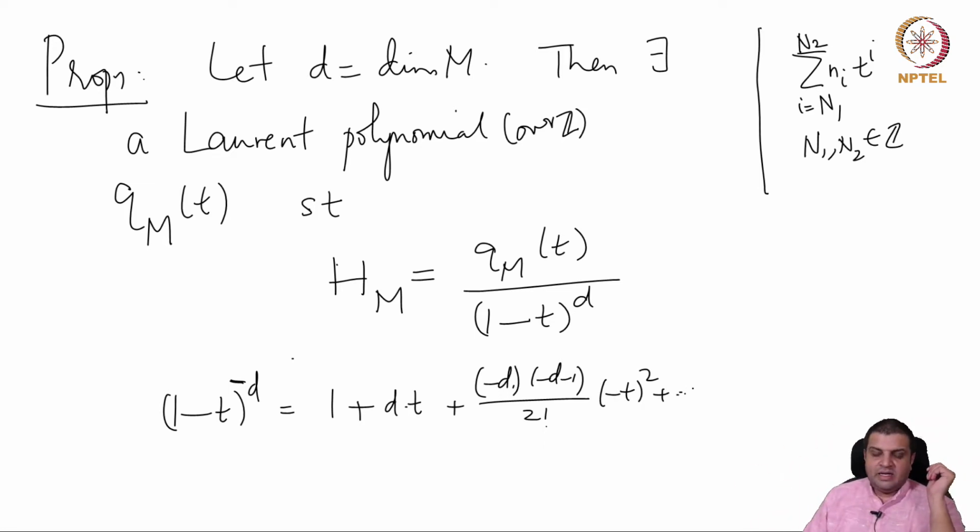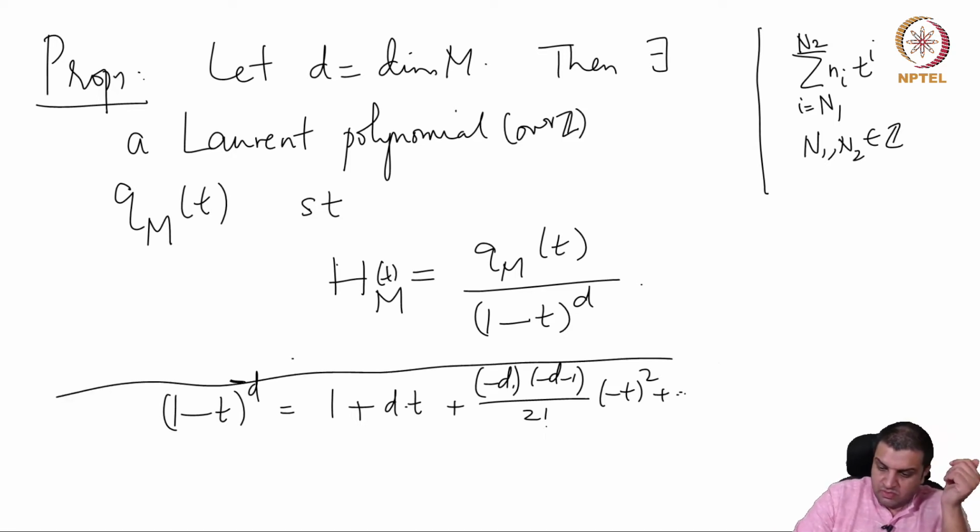So one can expand it like this. Then Q_M is a Laurent polynomial with finitely many terms. That times this will give, if d is positive, an infinite series, and that is what H_M will look like. Sorry, just to explain what that notation means.